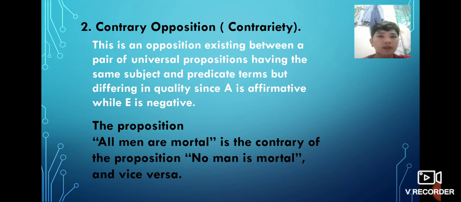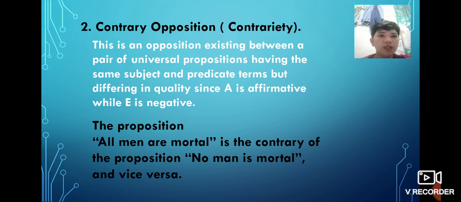The second is contrary opposition, or contrariety. This is an opposition existing between a pair of universal propositions having the same subject and predicate terms, but differing in quality, since A is affirmative while E is negative.